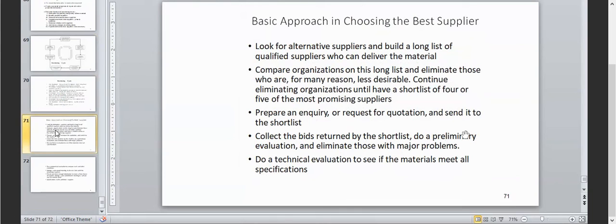And this is the approach of choosing the best supplier. This is the approach that we use in general when choosing the best supplier.